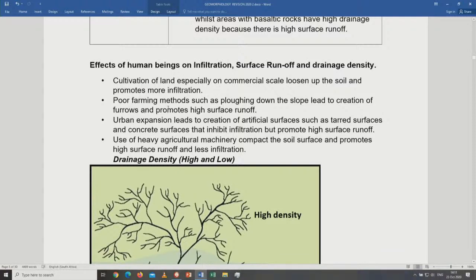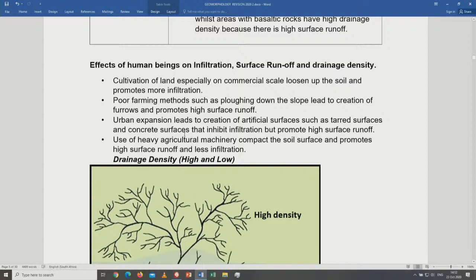And then poor farming methods also promote high surface runoff as compared to infiltration. And then urban expansion leads to creation of artificial surfaces. Artificial surfaces promote high surface runoff also, because remember, the water cannot infiltrate.